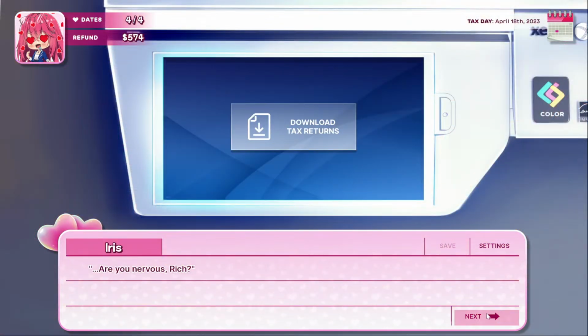Are you nervous, Rich? Okay, this is my first time completing a tax return with someone too. Don't worry. We'll do it together at whatever pace you're comfortable with. Ready? You want to become my dependent, lady? Because you're asking if I was single before. Maybe next year. I can't play this game again next year because I'll be married to you.